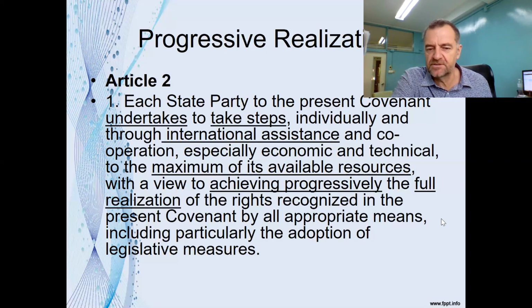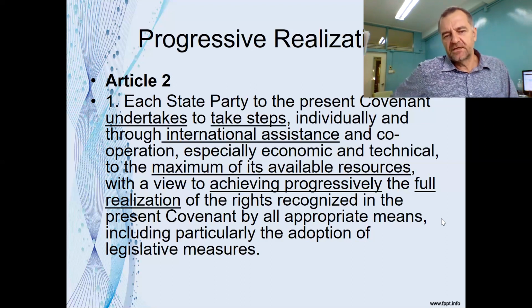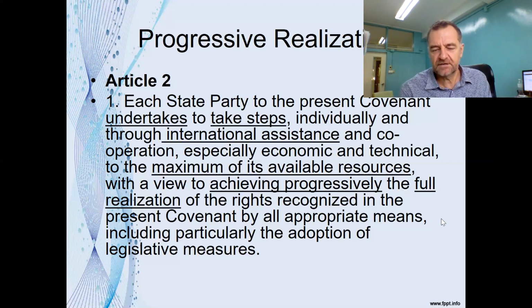So undertake means that you've agreed that you're going to take the measures to realise these rights. But taking steps means you're actually going to do stuff. There is going to be something positive, something physical which is done, whether that's writing a policy, spending some money, doing some programming. But states must, in order to meet people's rights to work, health, education, first undertake the process and they've got to actually take steps, they've got to do things.